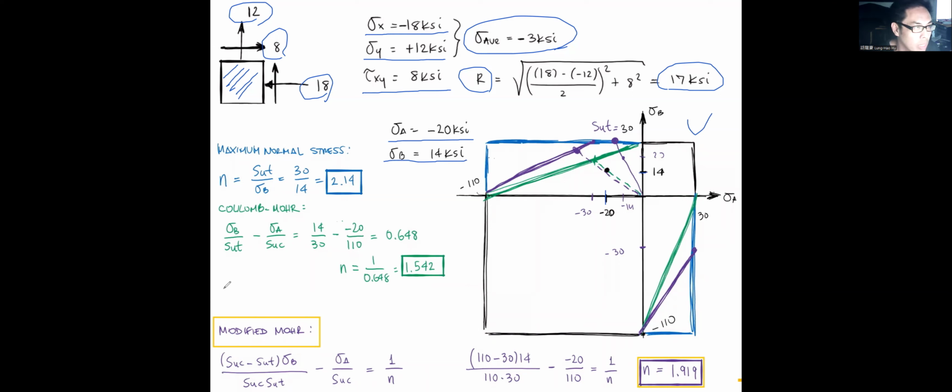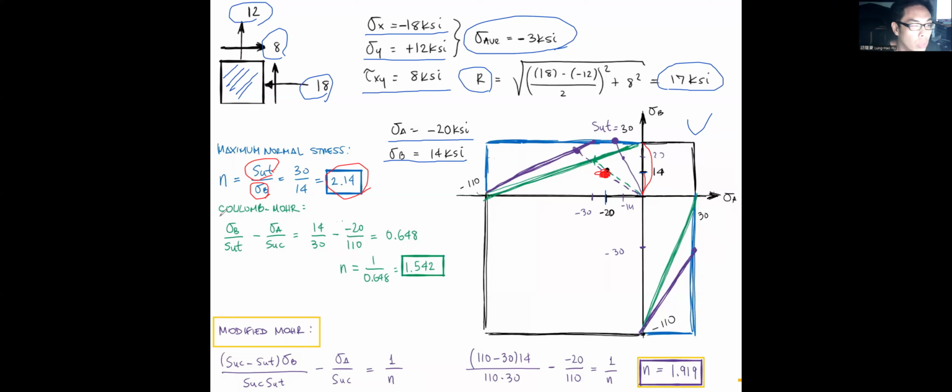So the stress condition is located in the second quadrant of the stress envelope. If we use the maximum normal stress, the safety factor equals the ultimate tensile stress divided by sigma B, so 30 divided by 14, and we get the safety factor equals 2.14.